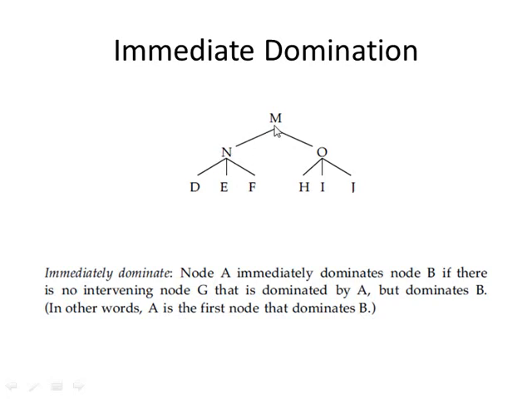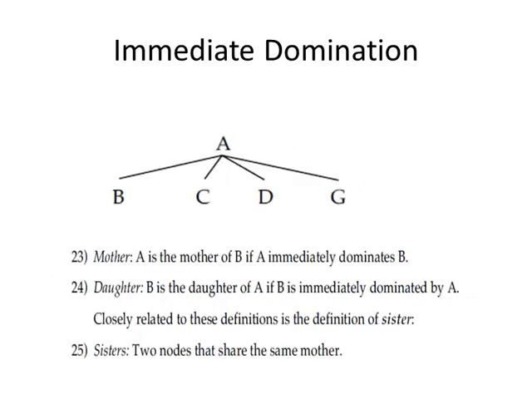Ya, jadi M itu immediately dominate N karena secara langsung. Tapi M tidak immediately dominate D karena dihalangi oleh N. So this is what we call as immediate domination.